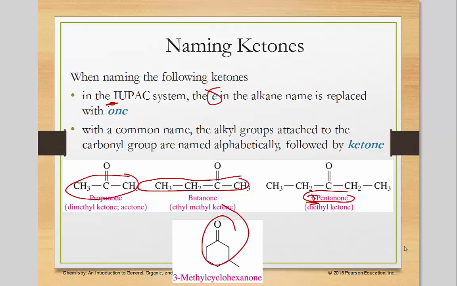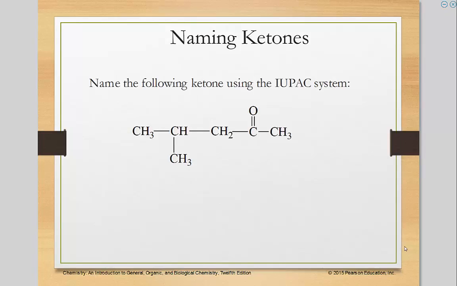This is a cyclohexane with a ketone in it. So cyclohexanone, because that's where the ketone is, we start counting at that double bonded oxygen. 1, 2, 3. On the 3rd carbon is a methyl group. So let's name this one. 1, 2, 3, 4, 5. Notice I started counting on the side with the double bonded oxygen.